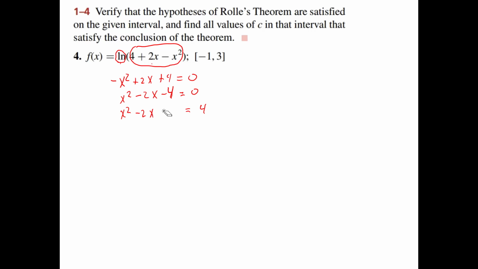It's not a perfect square trinomial, so we complete the square by taking this number, dividing it by 2, which gives us 1, squaring it gives us 1, and then we add 1 over here. And so we get x minus 1 squared is equal to 5. And so then x minus 1 is equal to plus or minus the square root of 5. And so then x is equal to 1 plus or minus the square root of 5.